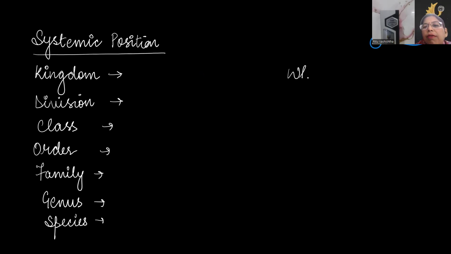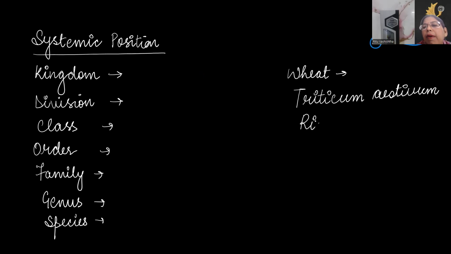You know that wheat is the staple diet of North India, and its botanical name is Triticum aestivum. And rice is also a cereal, but it is primarily the staple diet in South India, or you can take the Bengal region, and it is known as Oryza sativa. So basically, globally, wheat and rice come under the staple diet.